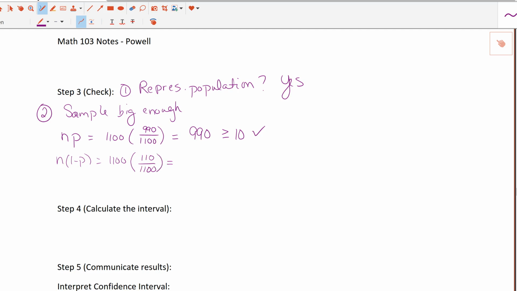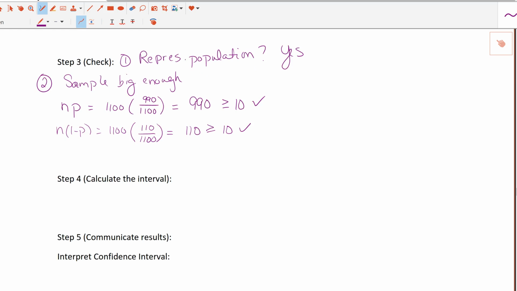And if you did that on your calculator with decimals, 990 over 1100 is 0.9. So what would 1 minus 0.9 be? It would be 0.1, which is the same thing as 110 over 1100. And that ends up being 110, which is also greater than 10. So our conditions are met.